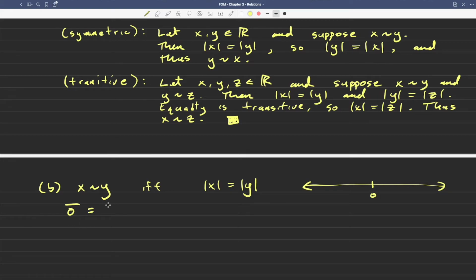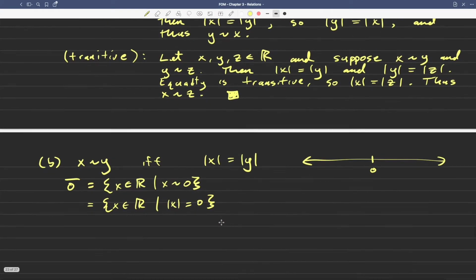Well, 0 bar would be the set of all x's having the property that x is equivalent to 0, which is the same thing as the set of x's with the property that absolute value of x equals absolute value of 0, which is just 0. There's only one real number that has an absolute value of 0, and that's 0. So 0 bar equals just the singleton 0.